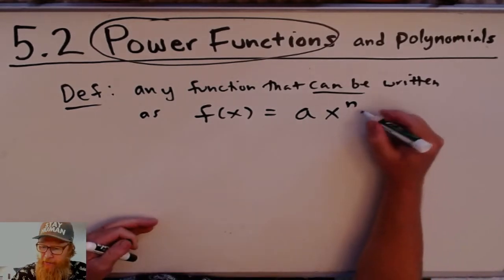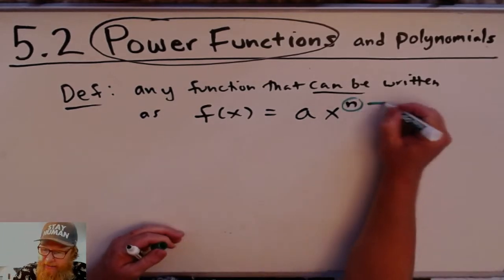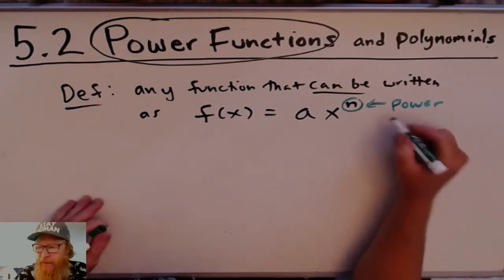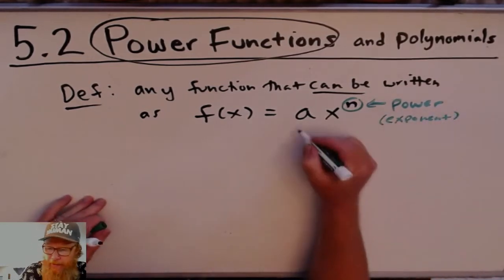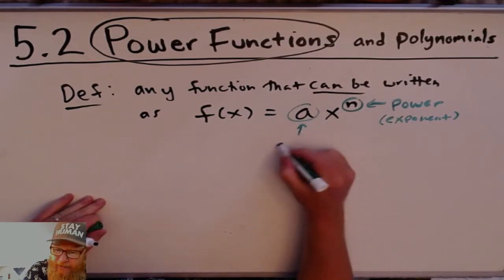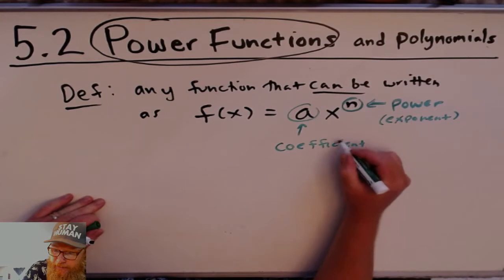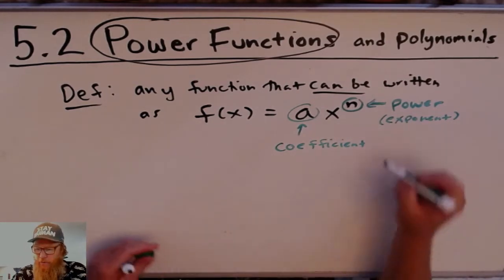So that's how they get their name, power functions. N is the power, also known as an exponent. A is called the coefficient. X is, of course, the variable.